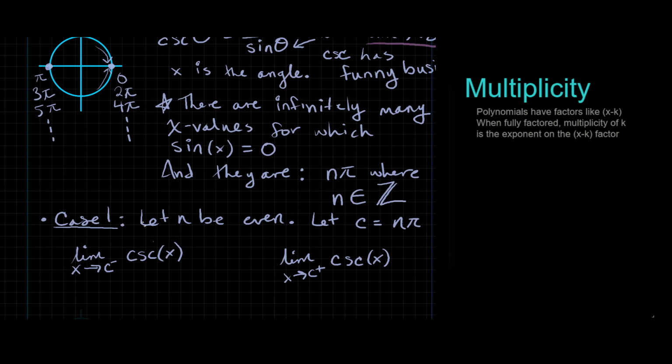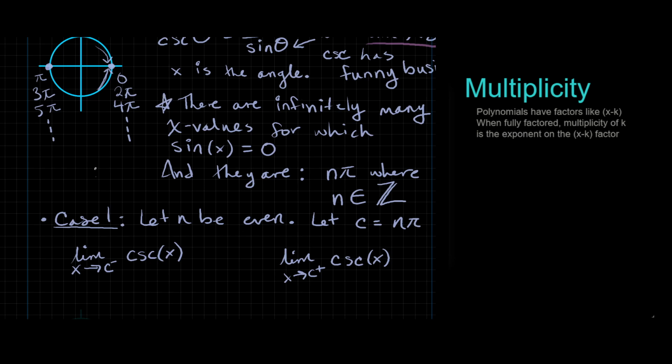So c is this angle right here. A smaller angle is going to approach from this direction. x approaching c from the left looks like exactly what my cursor is doing here. Maybe I'll make that bigger so you can see. Here is the angle x approaching c from the left because c is right there.